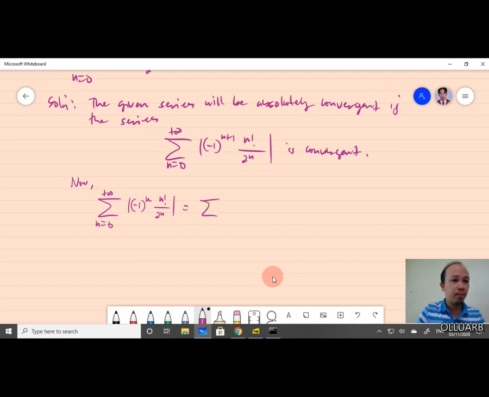As you can see, our n starts from 0, so if you substitute 0, 1, 2, 3 and so on, this is always positive, and the absolute value of a negative number is positive, so this will become n factorial over 2 to the n, n starts from 0 to positive infinity. This is the simplified form of the expression on the left hand side.